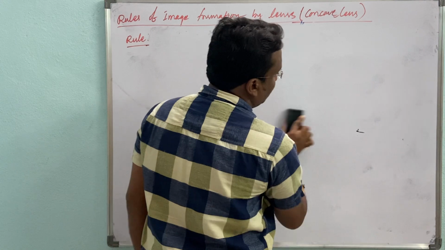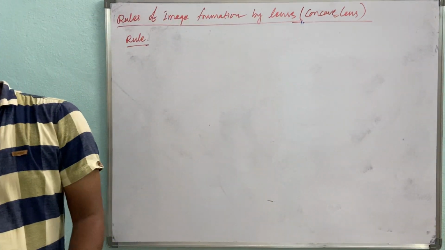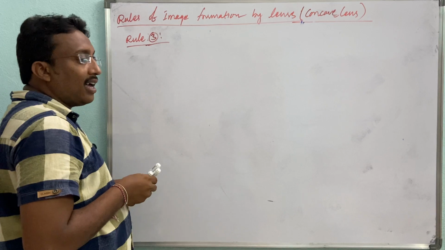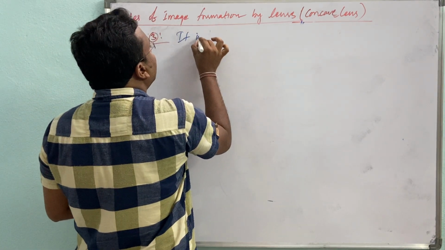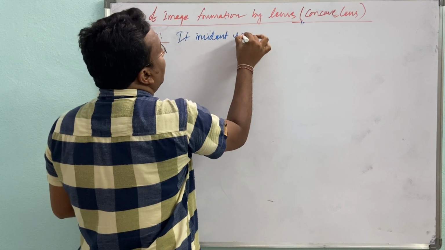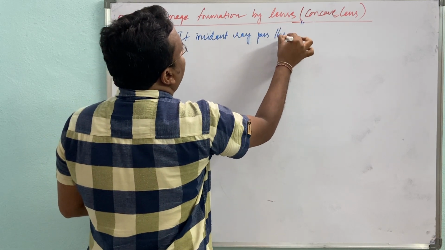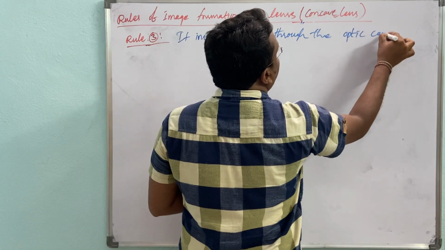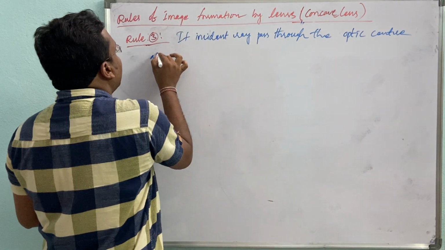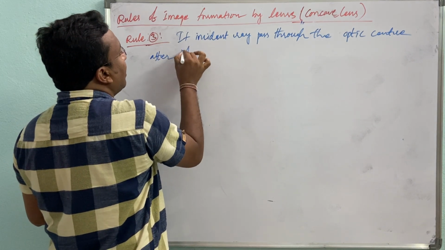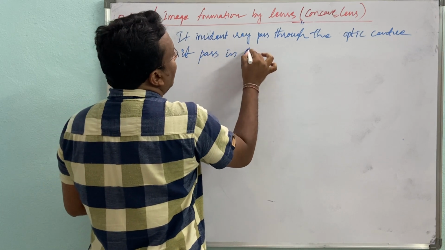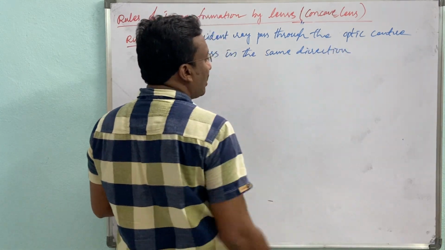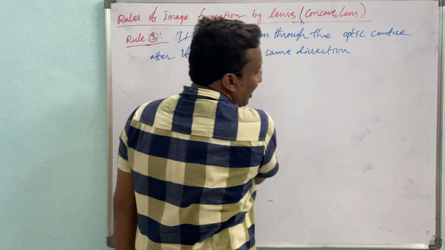And next and last, rule number 3. Okay, if the incident ray passes through the optic center, after that it passes in the same direction, that means there is no deviation, that means it travels straight.